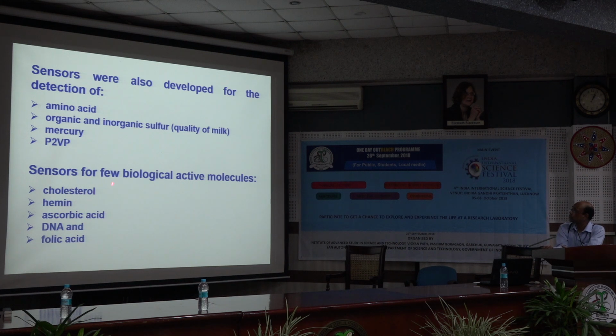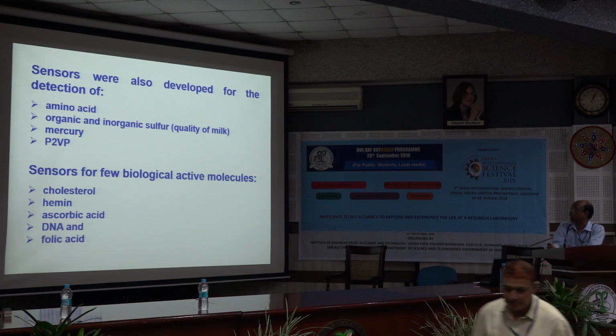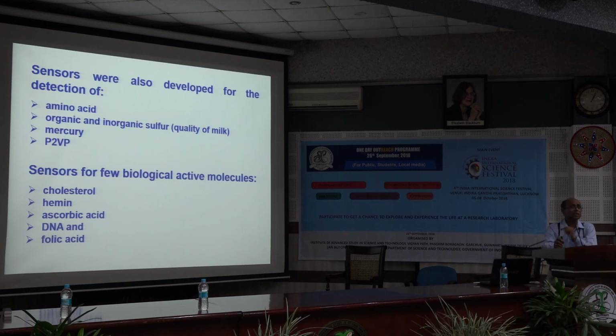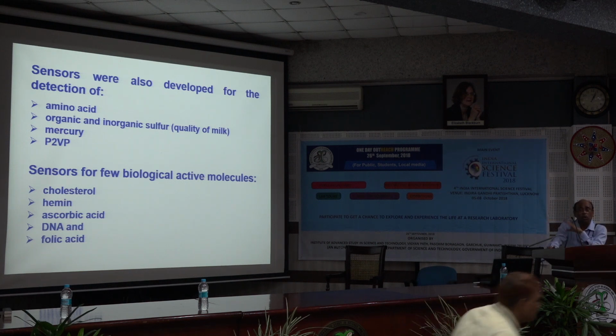And we have developed sensors for a few biologically active molecules like cholesterol, hemin, ascorbic acid, DNA, and folic acid. Now, this is a little bit about the sensors. It does not cover all the sensors which we have developed in our laboratory, only a part of them.